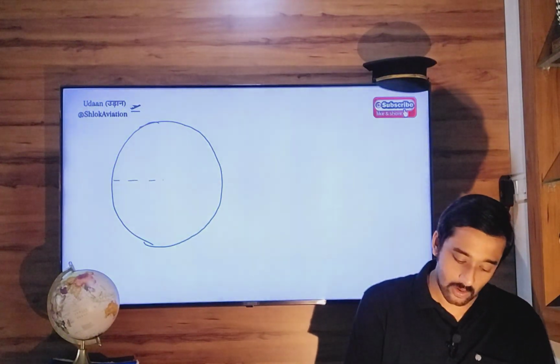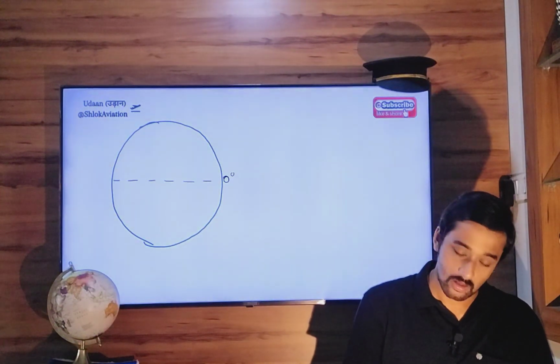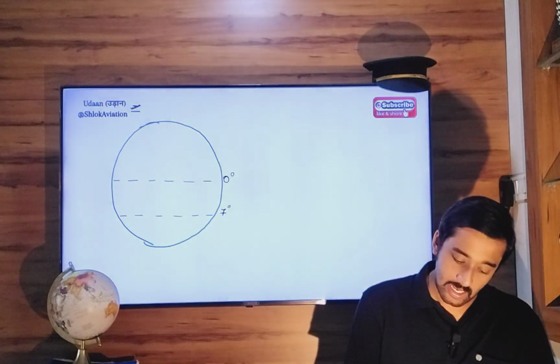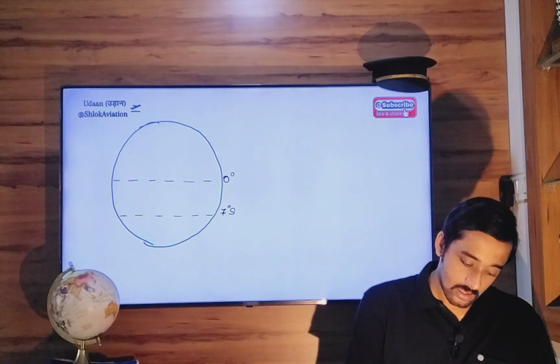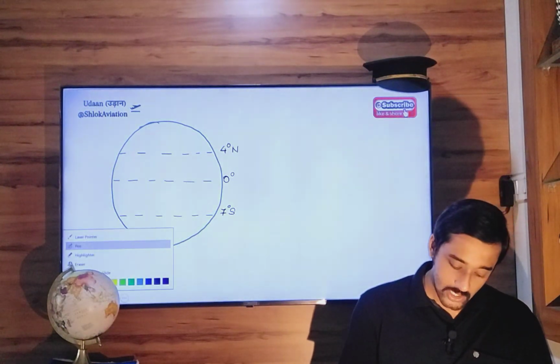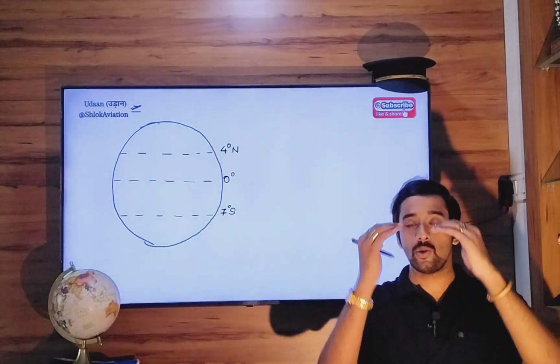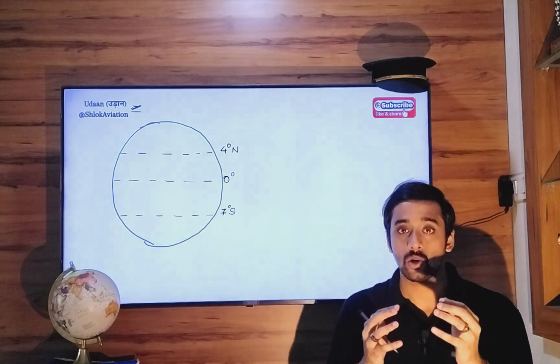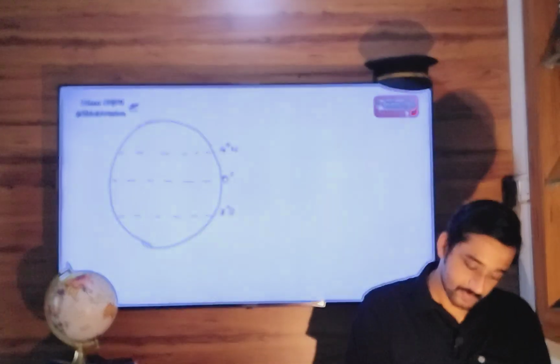Let's say this is your equator. This is 7 degrees south latitude. This is 4 degree north latitude. Now as your latitudes increase in value, the convergency between two meridians, that is the intersection, the crossing, increases.